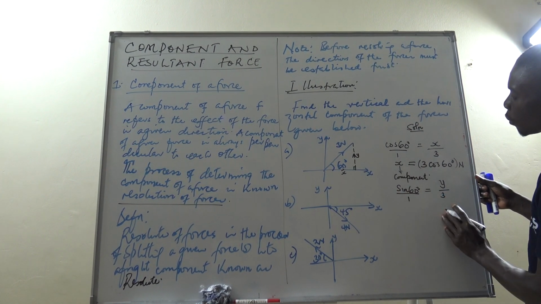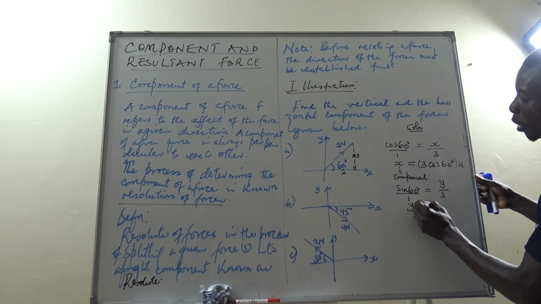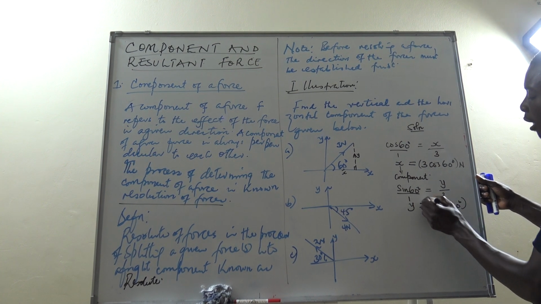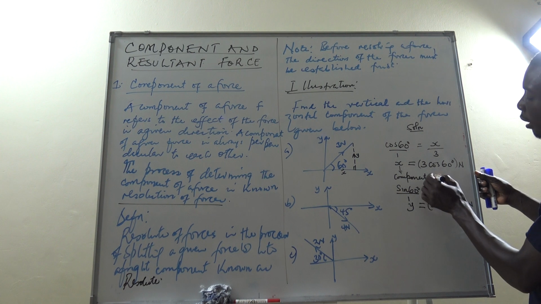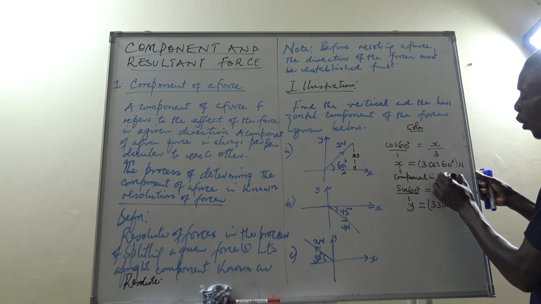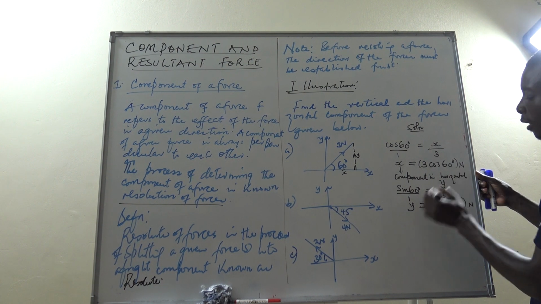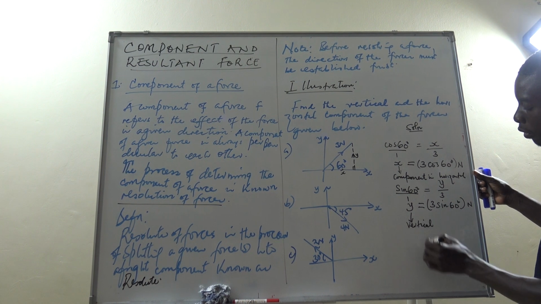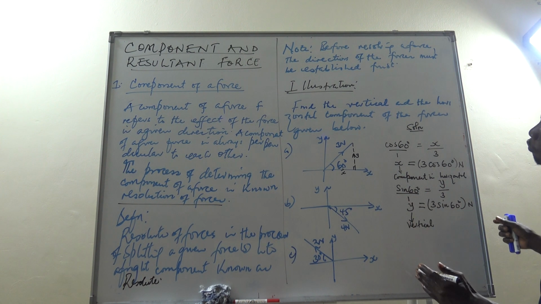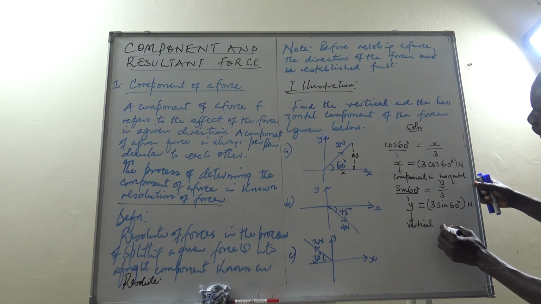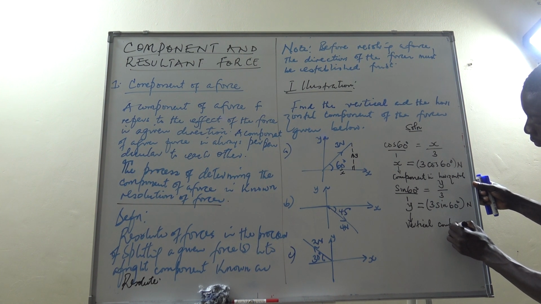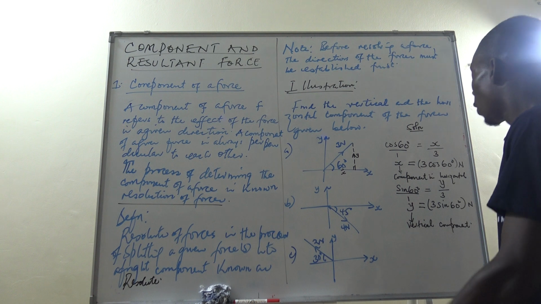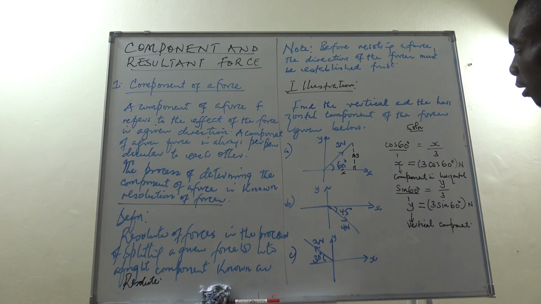Also, if we bring the idea of cross multiplying, our y will be equal to 3 sine 60. And now this is what we are calling the horizontal component, and then this is what we are calling the vertical, isn't it? Because by convention we are taking the vertical direction to be y. So this is the vertical component. That is how we establish components of a given force.